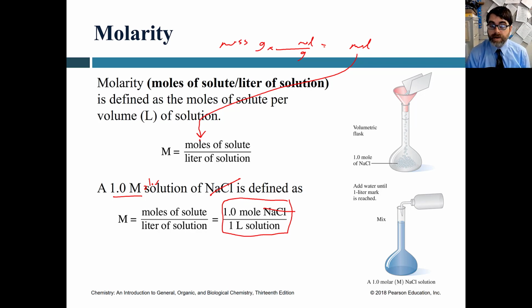I'll be honest, anytime I'm doing a stoichiometry dimensional analysis type calculation with something like 1.0 molar, I immediately change that into moles per liter. And yes, normally we abbreviate moles with a lowercase m, but you can follow what I mean when I have a capital M, moles, based off of molarity.